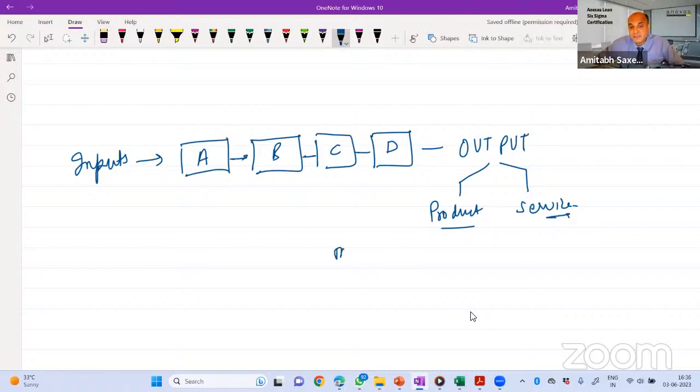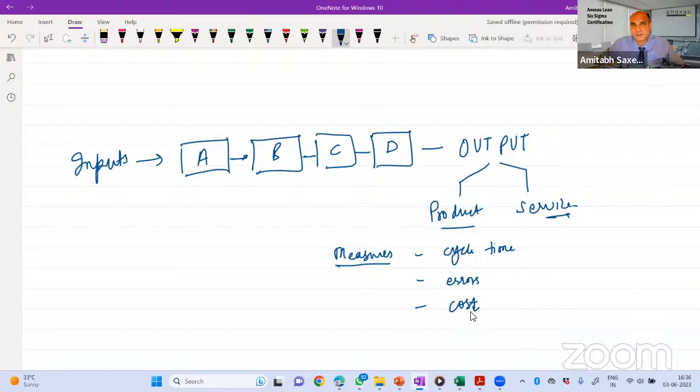Now, typically, some measures will be very important from the customer's perspective. And three measures are always very important. What are the three measures? The cycle time to complete any activity, then the errors in that particular process, and then it could be costs.